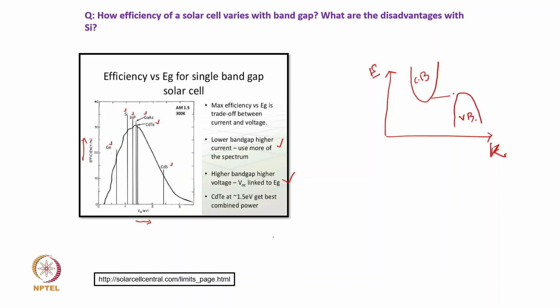So, the conduction band minima, which is here, does not align with the valence band maxima, which is here. So, that is indirect band gap. Therefore, the absorption of light in silicon is less, absorption coefficient is smaller, and therefore, we need a thicker silicon wafer.